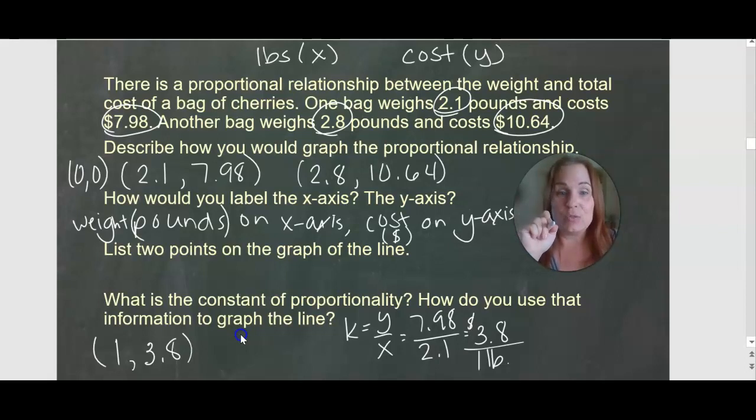And then I could go over to 2 pounds and go up another 3.8, and go over to 3 pounds and go up another 3.8, and go over to 4 pounds and go up another 3.8. So the way that I could use that to graph the line is every time I move 1 space to the right, which means I'm adding an additional pound, I have to go up 3.8.